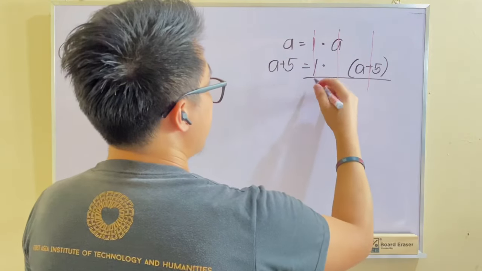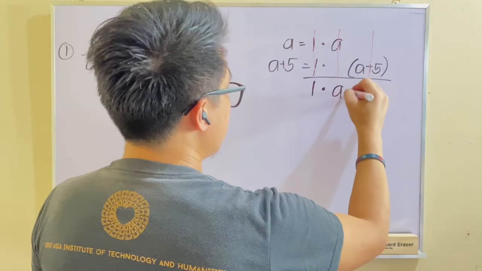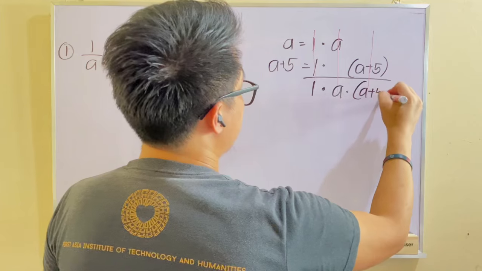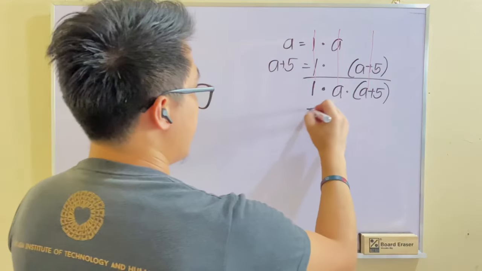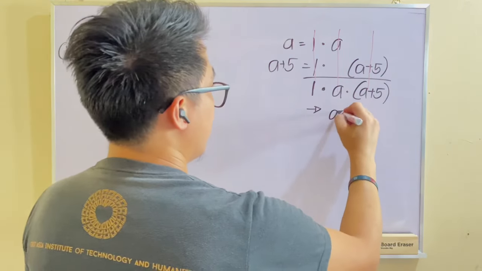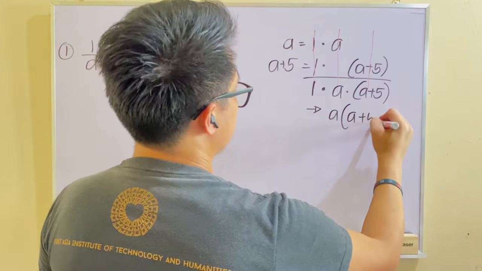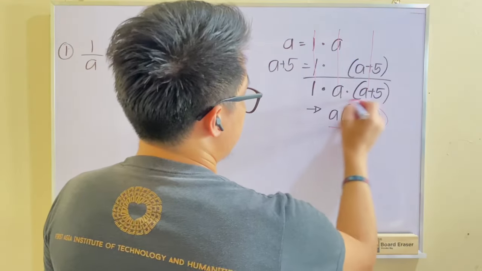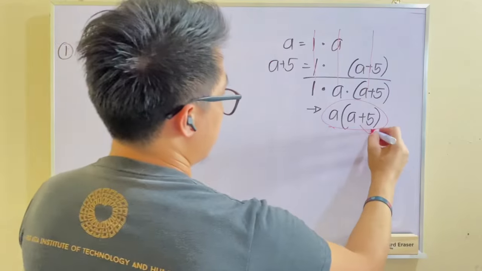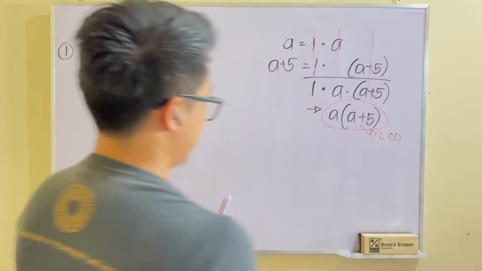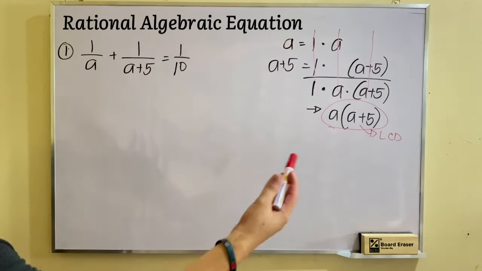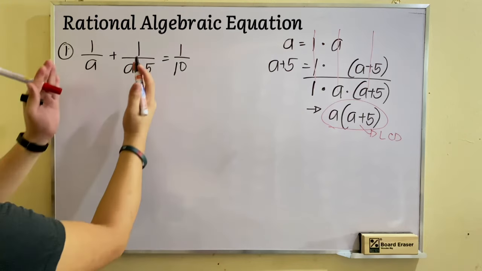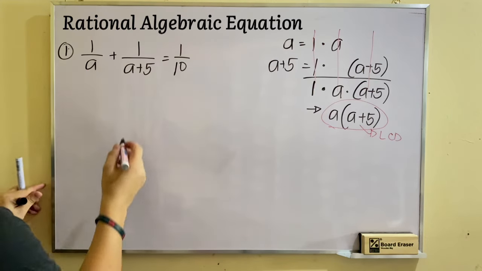So, 1 times a plus 5, or maaari nating masimplify, which is a times a plus 5. And this will be the least common denominator or the LCD.